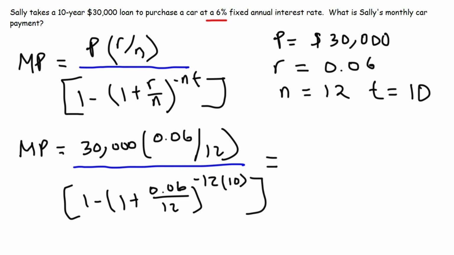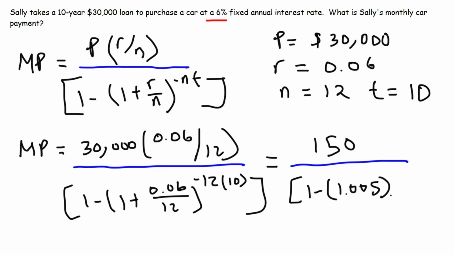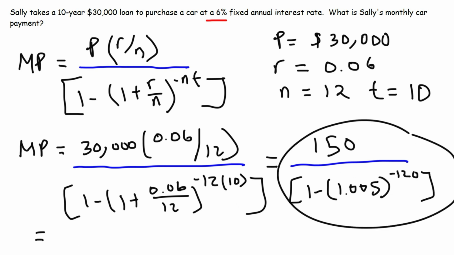So let's do this one step at a time. 30,000 times 0.06 divided by 12, that's 150. This is going to be divided by 1 minus 1 plus 0.06 divided by 12, which is 1.005. Negative 12 times 10, that's negative 120. So go ahead and plug in this entire thing in your calculator.